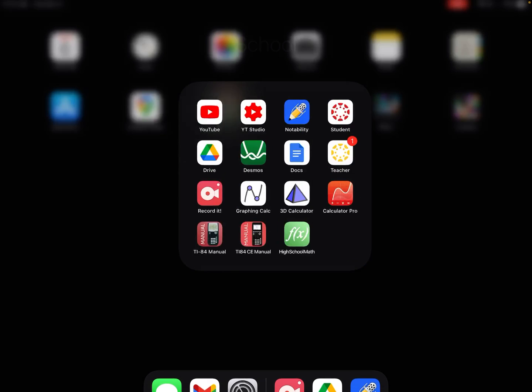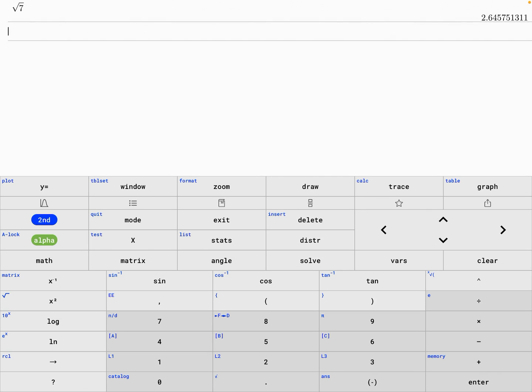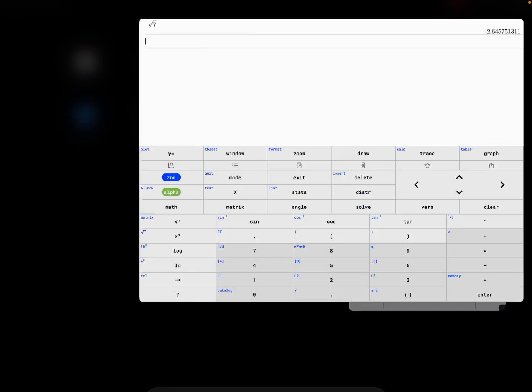So let me go ahead and pull up my calculator. And you can use your scientific calculator that you have, or any calculator that you have. So I want to take the square root of 7. Enter. So my answer is 2.645.